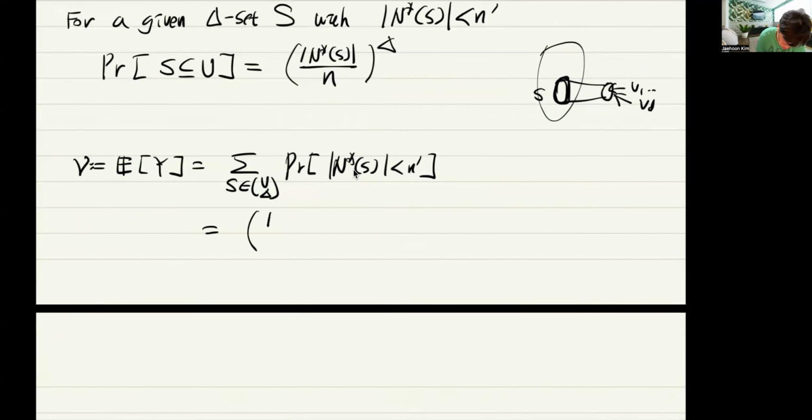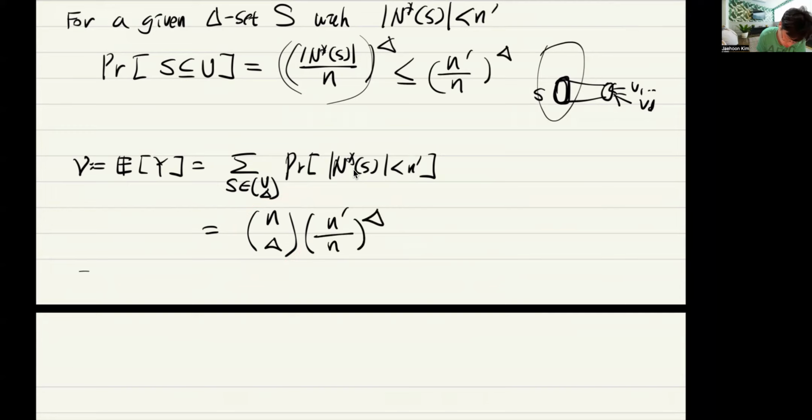And you take and choose delta many. So the number of bad sets is at most n choose delta. And this is n prime over n to the delta. So this is an upper bound on the expectation of Y.